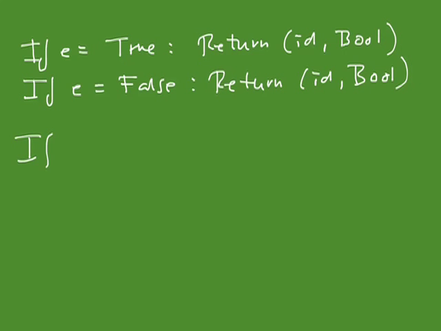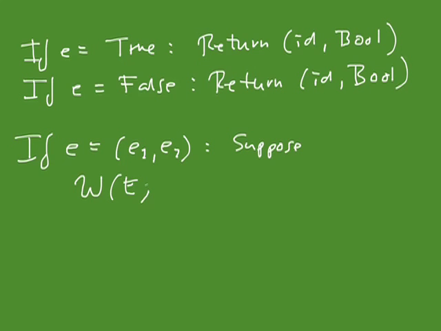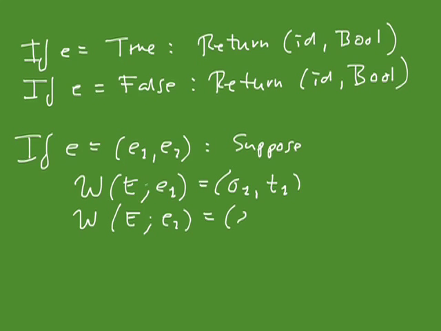If our expression is a pair, E1, E2, then what do we do? Well, we recursively call the well-typing algorithm on E1, and suppose we get sigma 1 and the type T1, and when calling on E2, we get sigma 2 and T2.